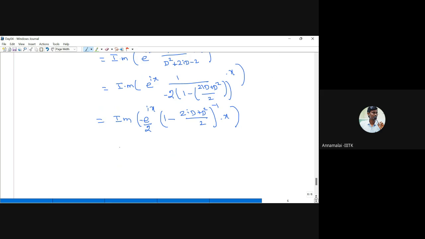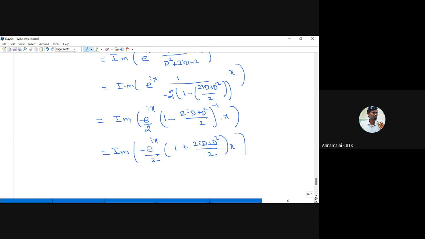So no need to write all the derivatives, only the first derivative is enough. So imaginary part of minus e power ix by 2, we get 1 plus (2iD plus D square) by 2. The next term should be a square, so it automatically contains the derivative D square. Anyway, no need for this one, because if I apply it to x, it will be 0.